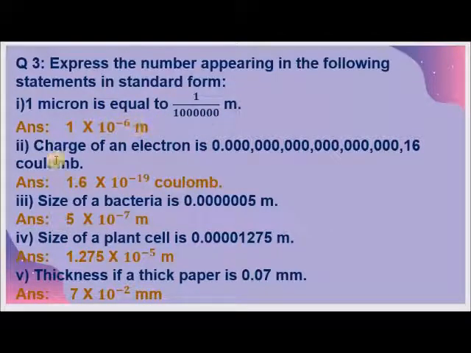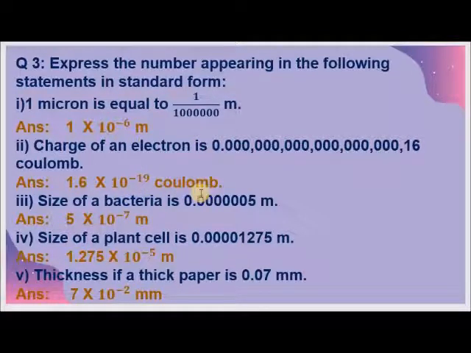Then the charge of an electron is 0.0000000000000000016 coulomb. So after the decimal point we have to count the digits till 1, and these are 19, so we can write it as 1.6 into 10 raised to the power minus 19 coulomb.